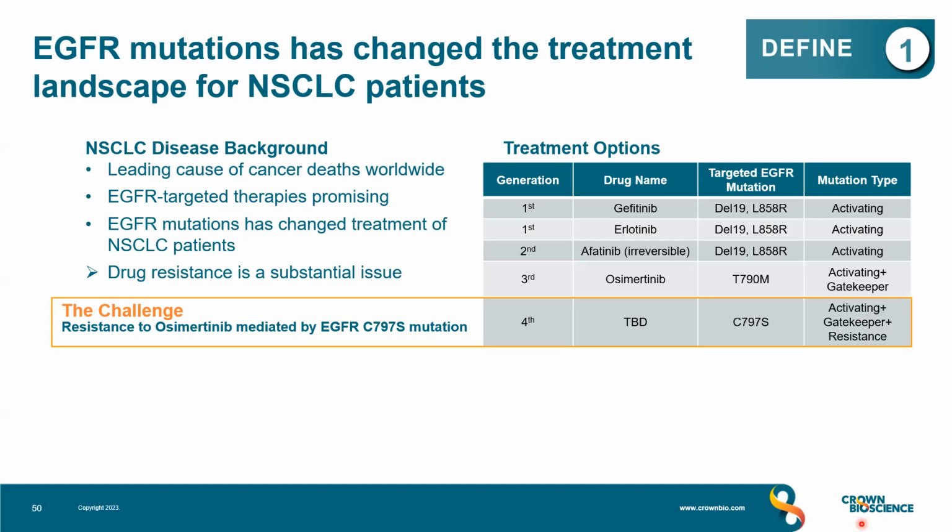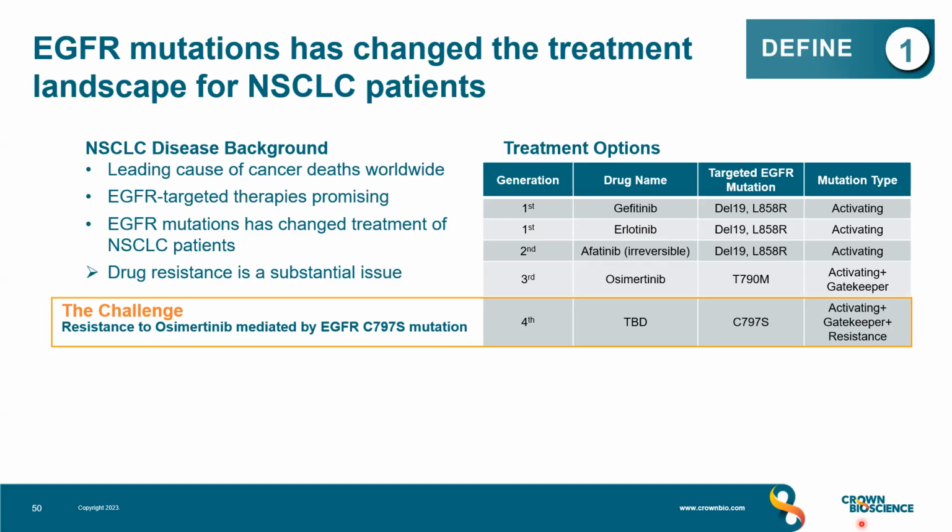And the EGFR activating mutations have been targeted with first generation inhibitors such as gefitinib or erlotinib. And then there's been second generation irreversible inhibitors, but the emergence of resistance has resulted in further mutations, like the T790M gatekeeper mutation, and that actually led to the fast development of osimertinib.